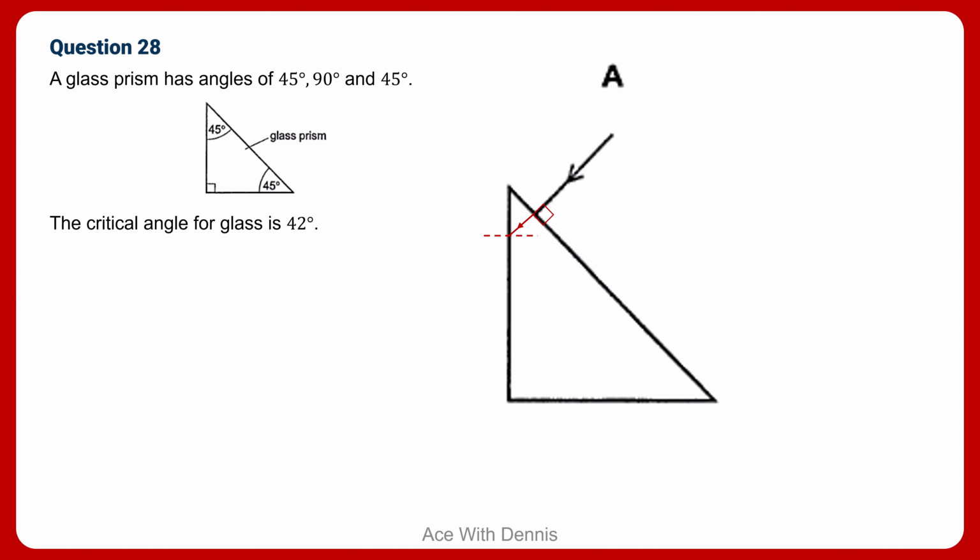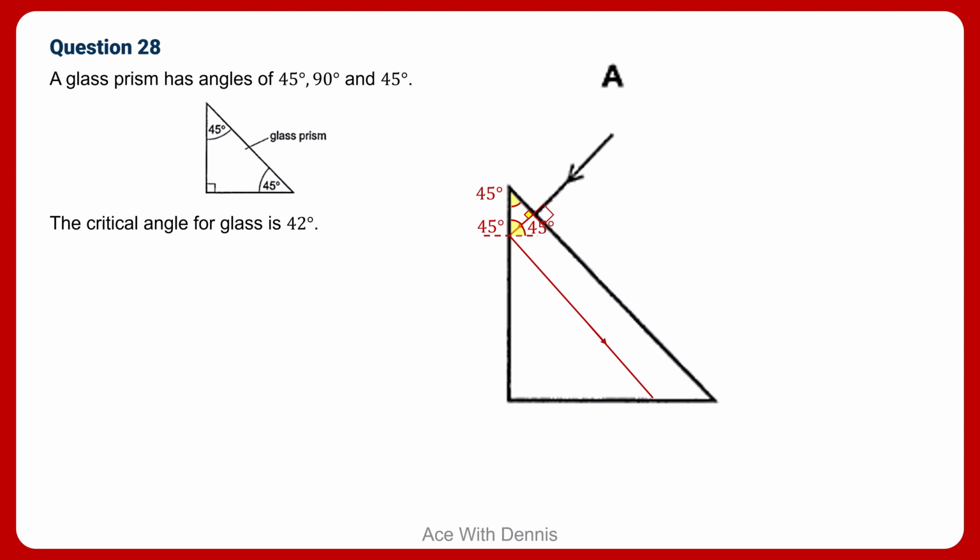As we know, this is 45 degrees and this is 90 degrees, so this will be 45 degrees, which means this is also 45 degrees. The critical angle is 42 degrees. Since this incident angle is greater than the critical angle, it will have total internal reflection. Hence the ray will bend into this direction.